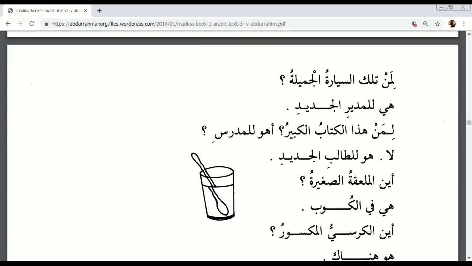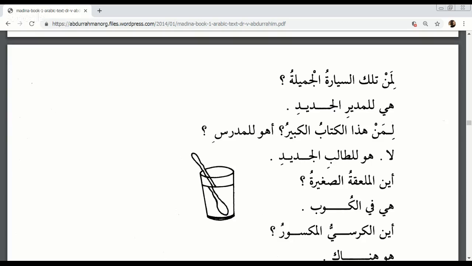That's what it says. What are you saying at the moment? I'm saying هو الطالب. But it's not alif lam. It's the lam of possession attached to the lam. Ah, okay, that's what I missed. Can you say that again, please? Yep, هو للطالب الجديد. Okay. Meaning?